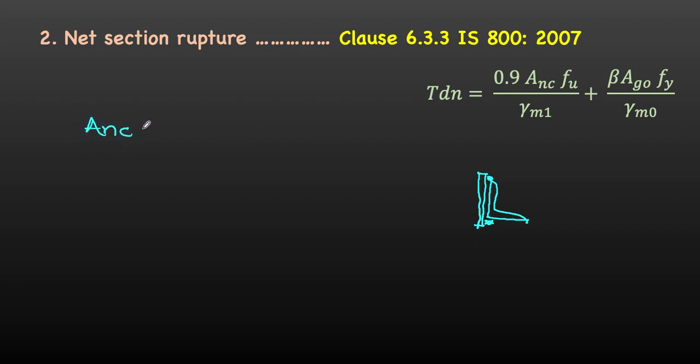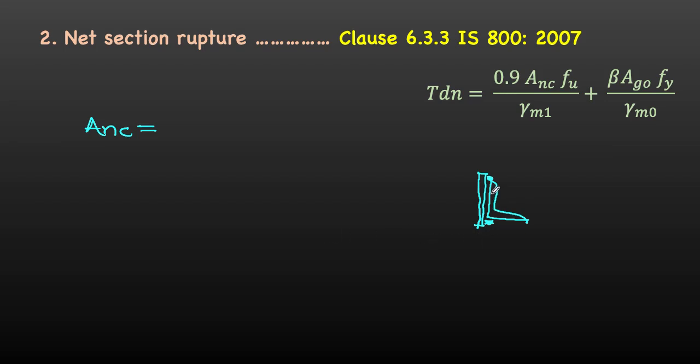So first we will calculate Anc. Now n over here indicates net area. We know in case of a bolted connection we have to punch holes for inserting bolts, and from the gross area, deducting that bolt hole area, we get the net area.